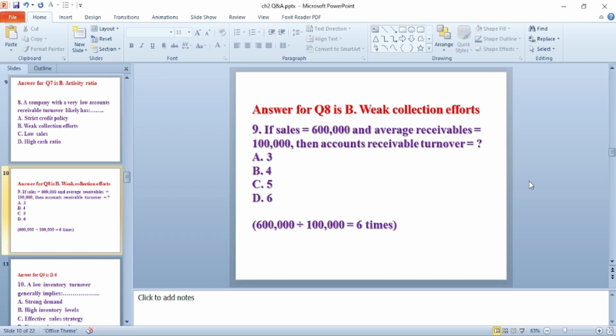So sales is 600,000, account receivable is 100,000. When we divide 600,000 by 100,000, it is equal to 6 times. So the answer is D.